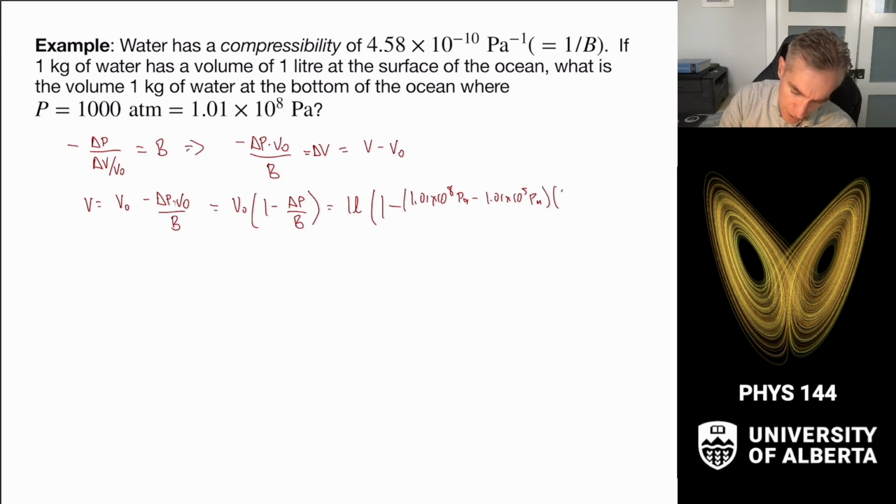So I'm going to multiply it as 4.58 times 10 to the minus 10 inverse pascals. So just multiplying by the compressibility is the same as dividing by the bulk modulus.